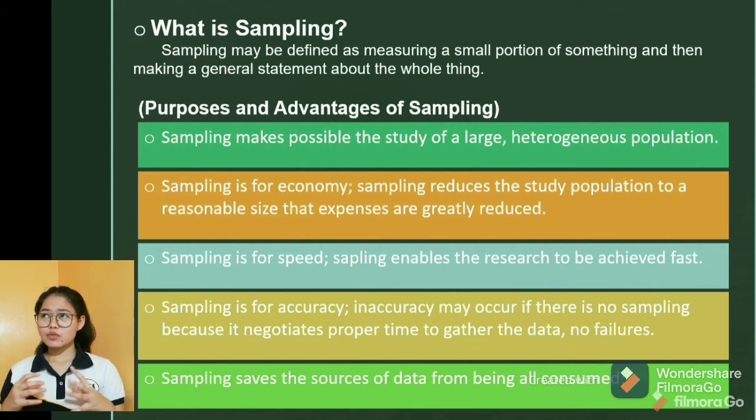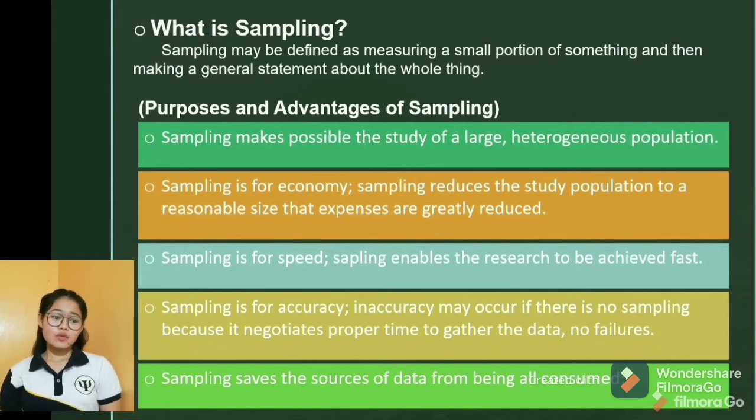If we don't consider sampling, there would be very long-lasting research to be done, because sampling enables us to make our research less lengthy and not time consuming per se.